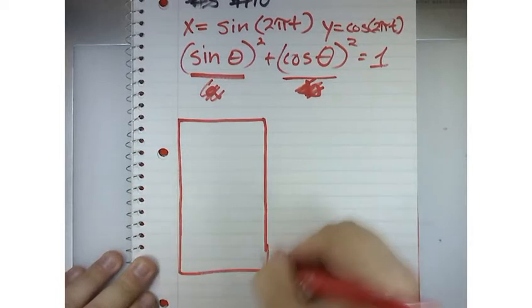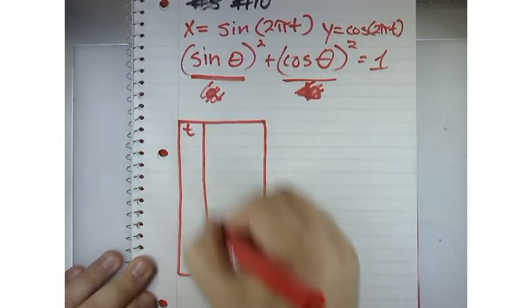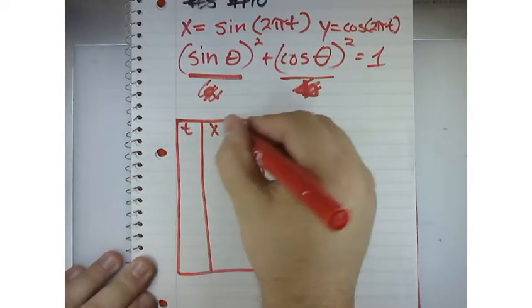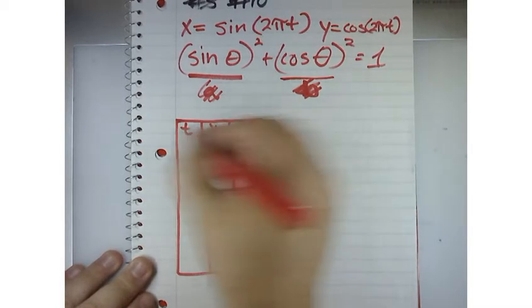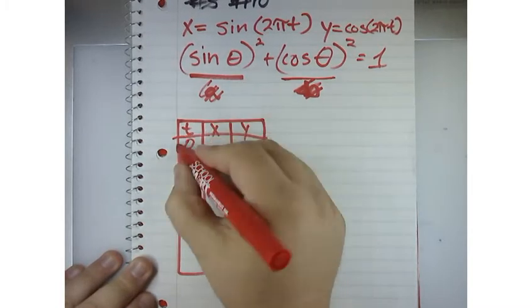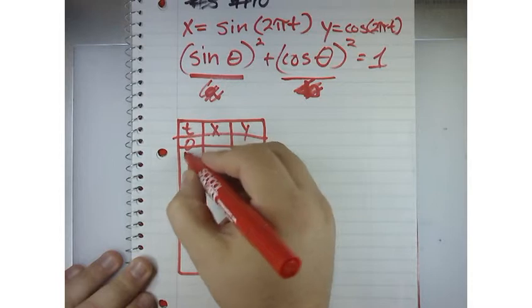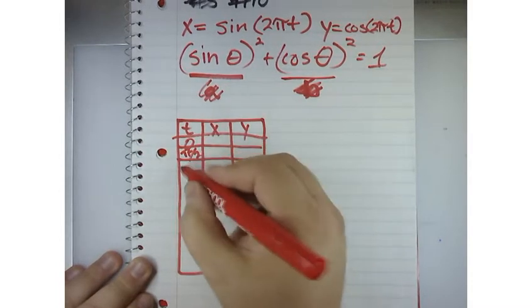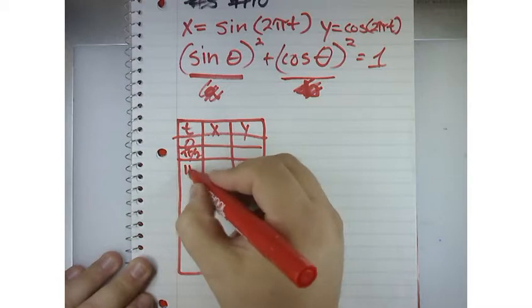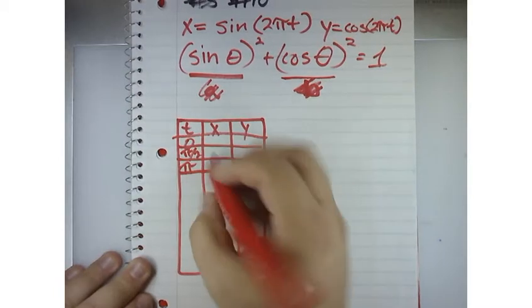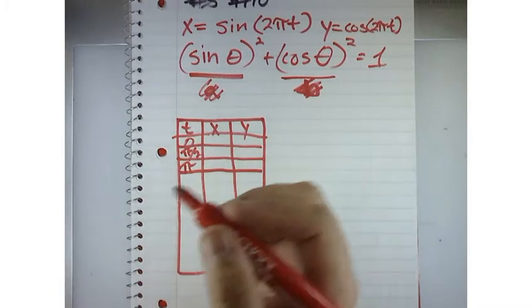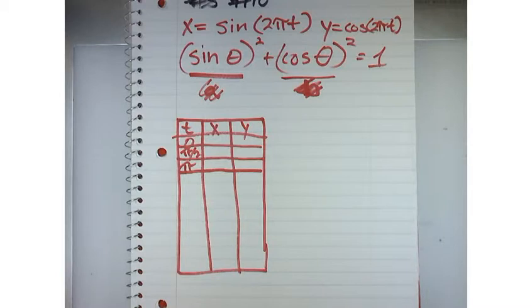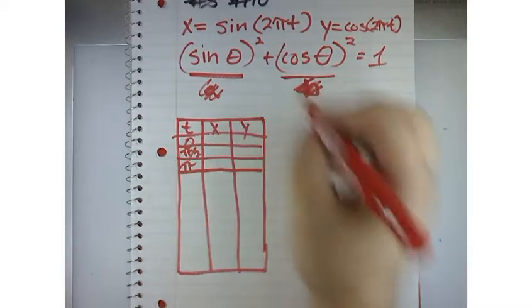Okay, so I've got t, I've got x, and I've got y, and we're going to pick 0, pi over 2, pi. These are all the ones we're going to plug in for t. Did they give us a boundary? Yeah, it was t equals 0 to 1.